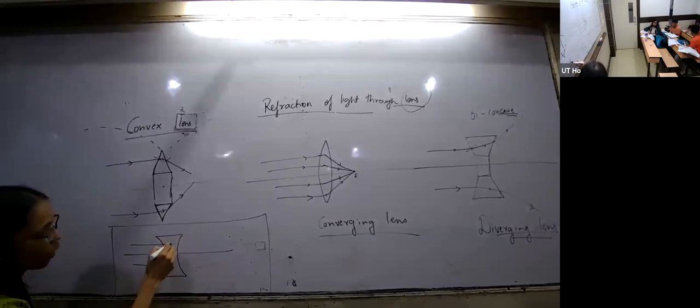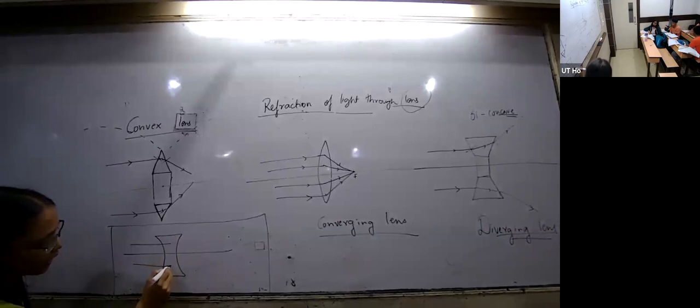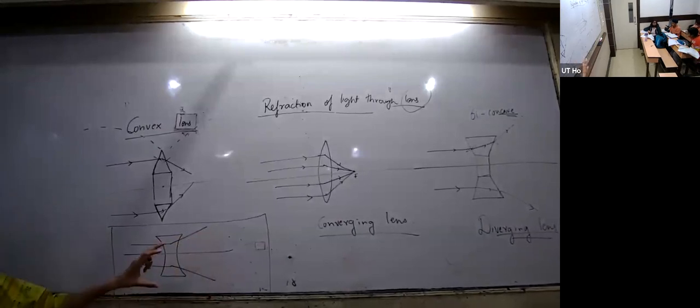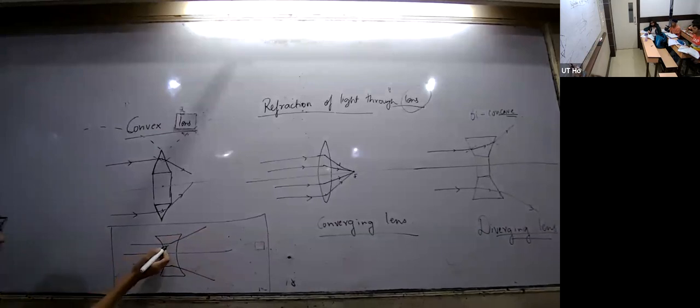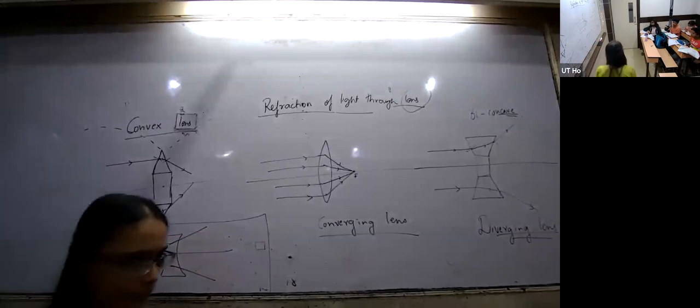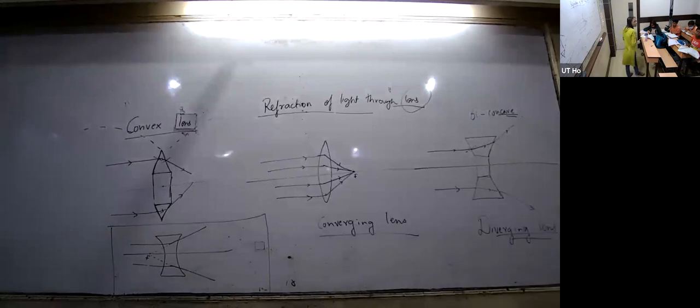You will go up to the center, and then show it moving away. And then it appears to be coming from a common point, and that common point is known as focus. This is forming a virtual image. Those are forming real.